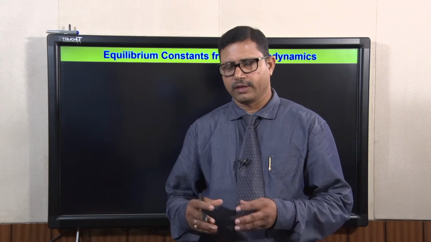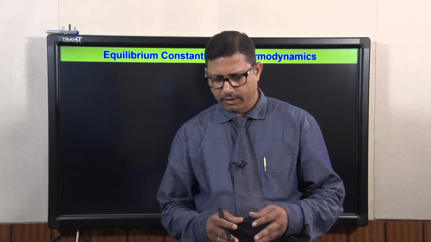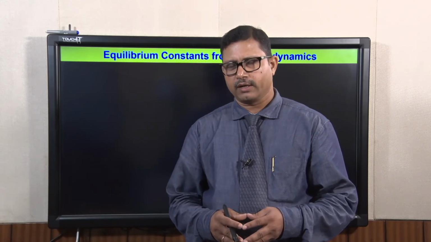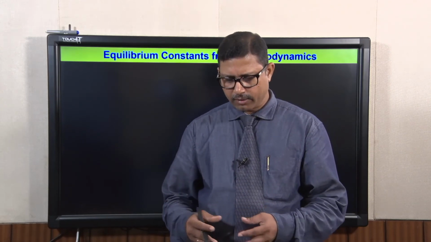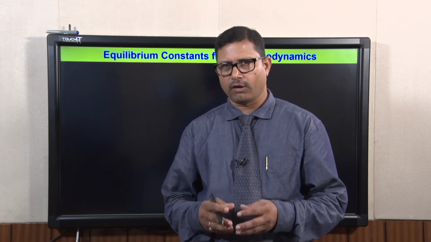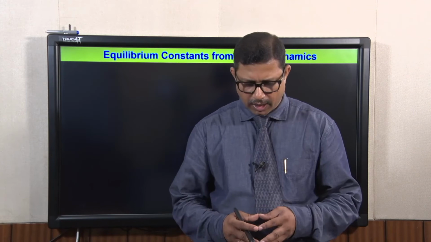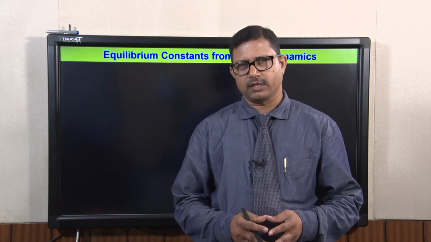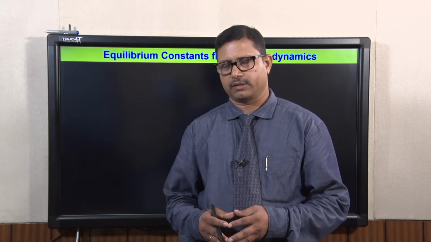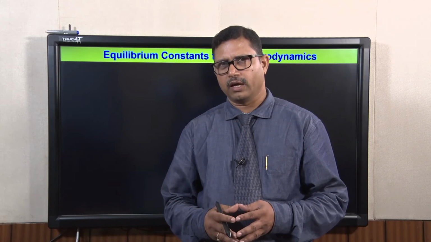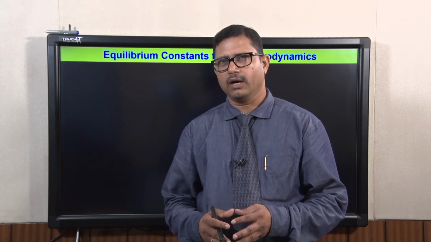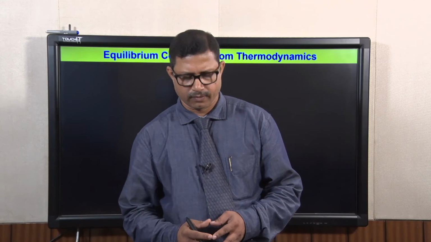But in real systems, as we have discussed earlier, the equilibrium conversion obtained from thermodynamics is basically an attainable value suggested by thermodynamics. It generally is not achievable in real systems.